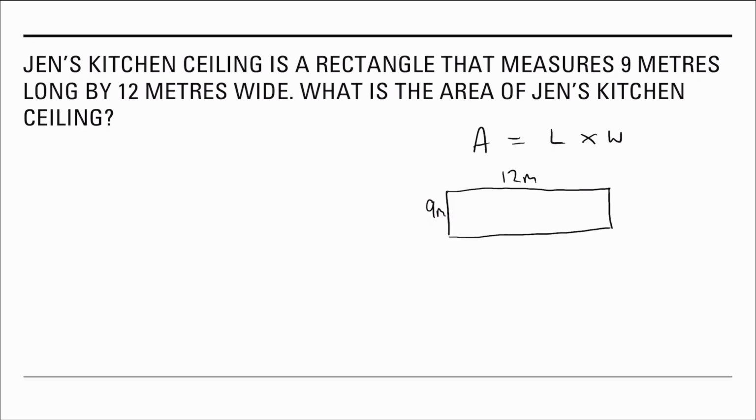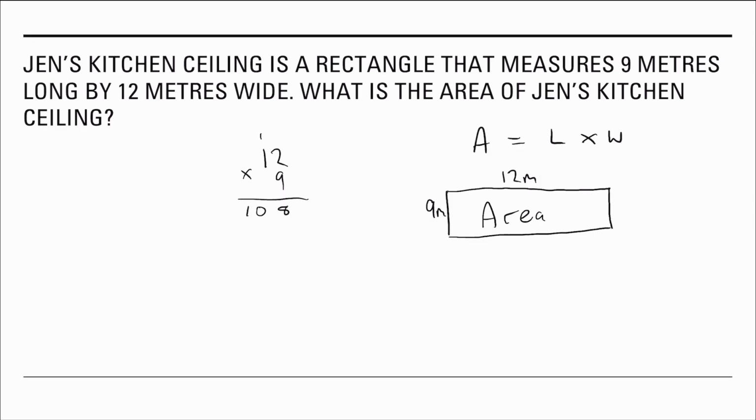then we know based on this area formula, what we'll have to do is multiply, and then we'll be able to find all of this area in square meters. Meters, because we are multiplying a meter by a meter, which is a square meter. So here we'll just set this up. We go 12 times 9. We go 9 times 2 is 18, carry the 1, and then we get 9 plus 1 is 10.